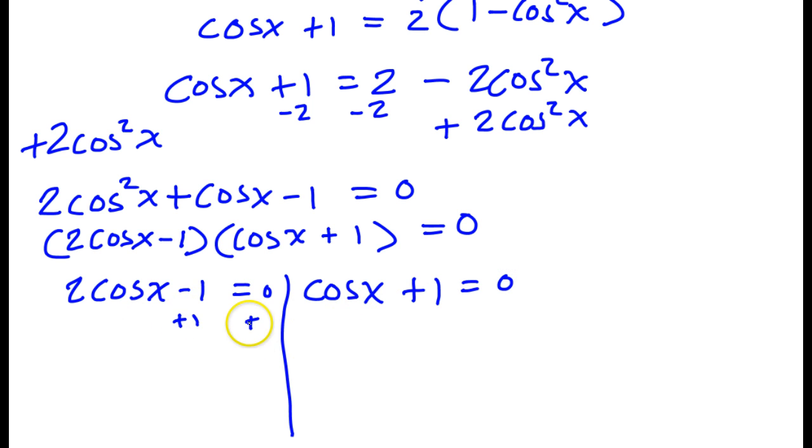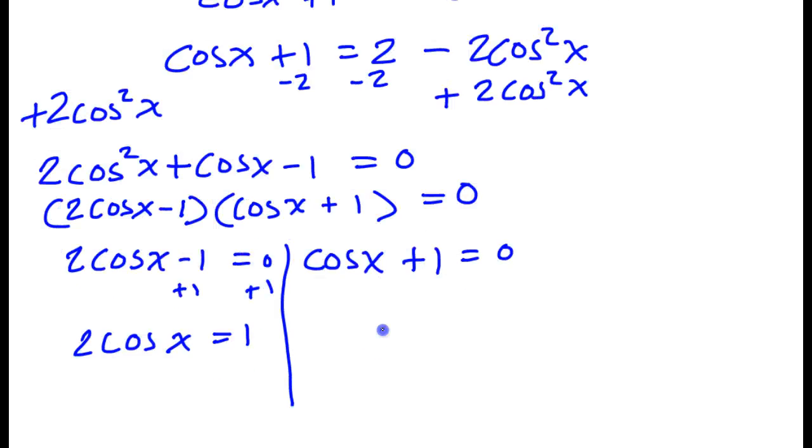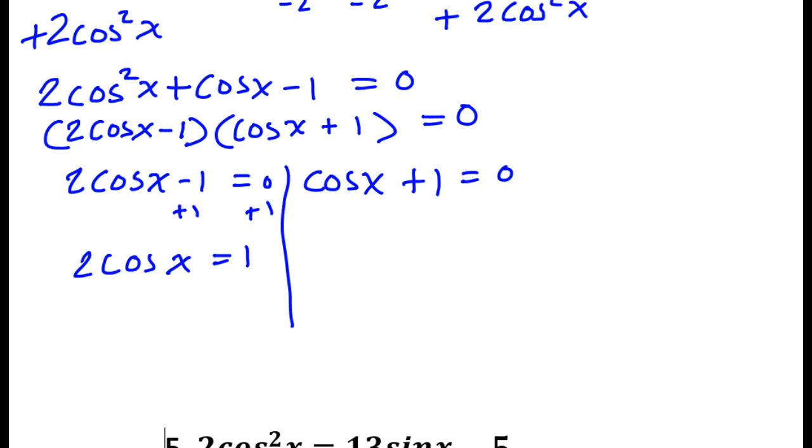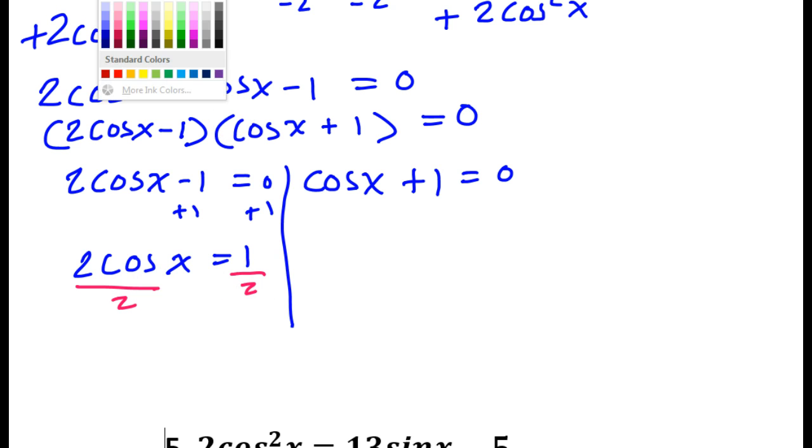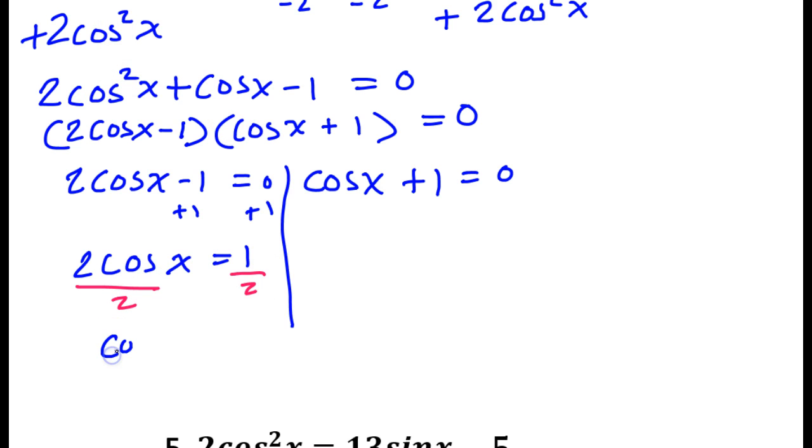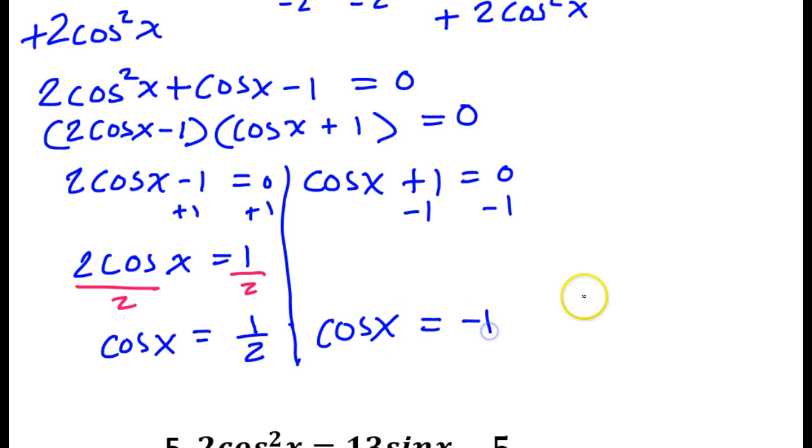Over here I'm going to add that 1, so that'll give me 2 cosine x is equal to 1. Dividing by 2 on both sides gives me cosine x is equal to 1/2. Meanwhile, over here, subtract 1 from both sides, and I get cosine x is equal to negative 1.